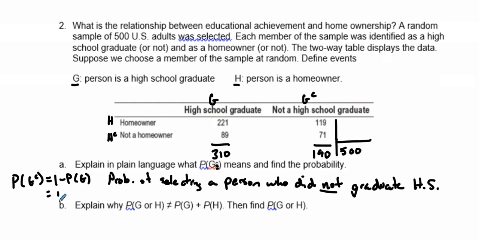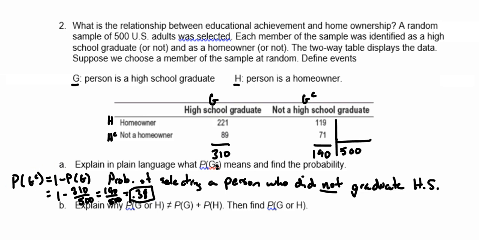This is going to be 1 minus 310 over 500, which is also equal to 190 over 500, and in any case, we get 0.38. 0.38 is our probability. Cool.